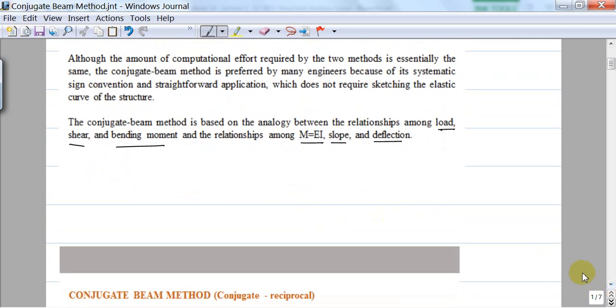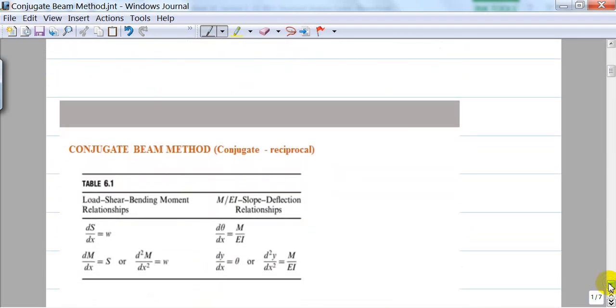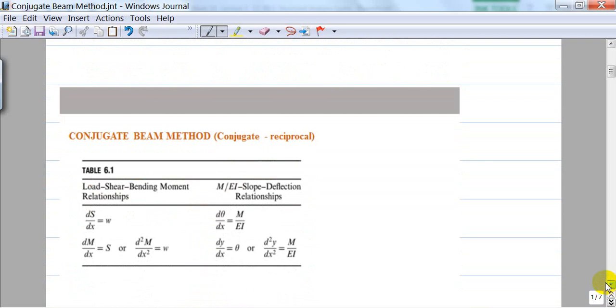Now if you look at this conjugate beam method, what happens is, if you take a real beam, you do the analysis and then you can plot the bending moment diagram. Say if it is a simply supported one with a point load, we can have an M over EI diagram, something like that. So this is M, for a beam which has a point load.